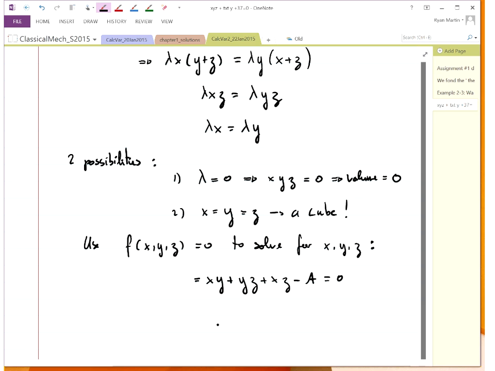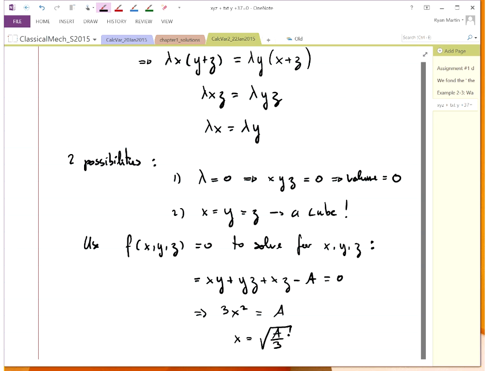So now we have x, y, and z are all equal to each other, right? So that's like saying 3 times x squared equals a, or x equals square root of a over 3. And now we've solved the problem, right? So we know it's going to be a cube of size square root a over 3.